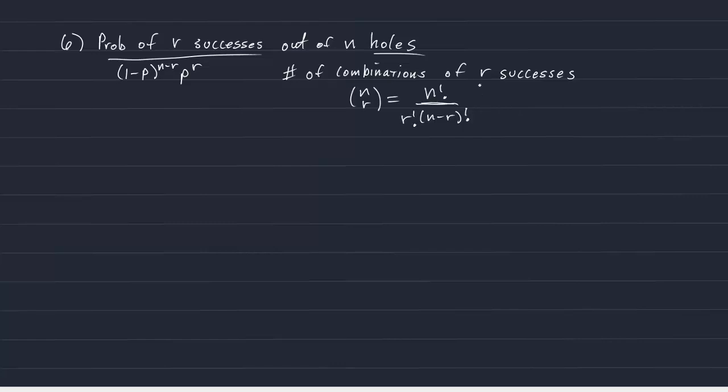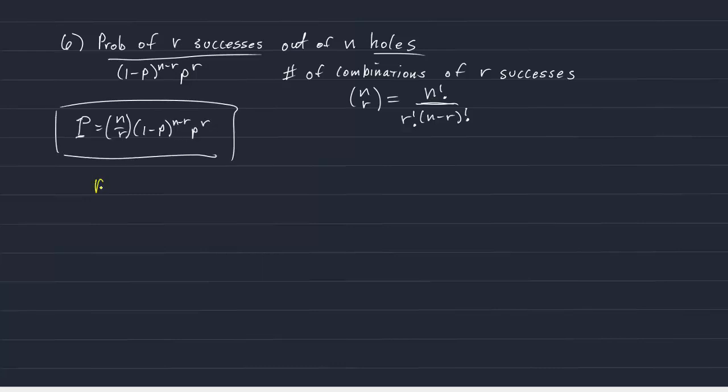So that gives a number of ways in which we can get r successes in any order. So the total probability of getting r successes in any order is the probability of one order, which is all the successes appearing at the end, times the number of ways of doing that. And this is our binomial distribution. So for a given n and little p, it gives a distribution of probabilities for all values of r.